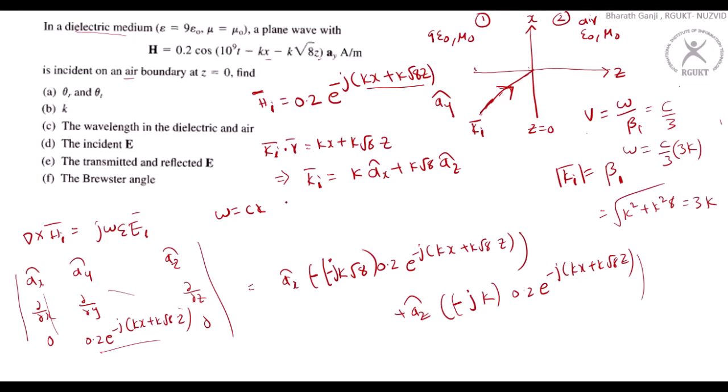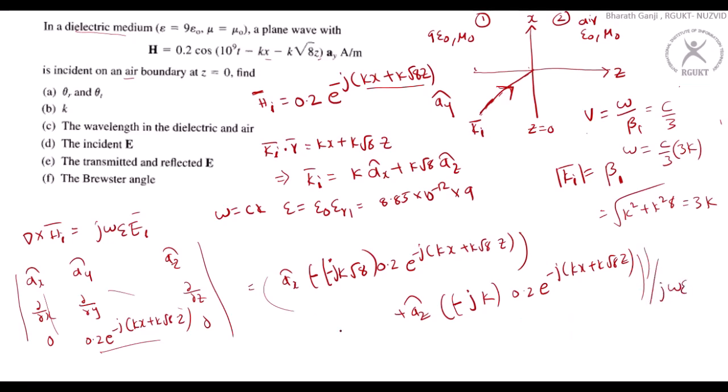And what is epsilon? Because it's in the first medium, epsilon naught into epsilon r1, that is 8.85 into 10 to the power of minus 12 into epsilon r1, which is given as 9. So this is omega epsilon. You just have to divide this whole factor by j omega epsilon.